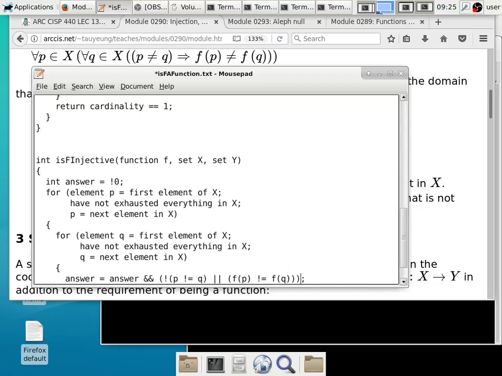Is that a comparison equal or assignment equal? The answer equals answer, that's assignment. So I'm taking the current answer, and then I make a conjunction out of the current answer with the following. In other words, once answer becomes false, there's no chance of becoming true again, because it is one gigantic conjunction.